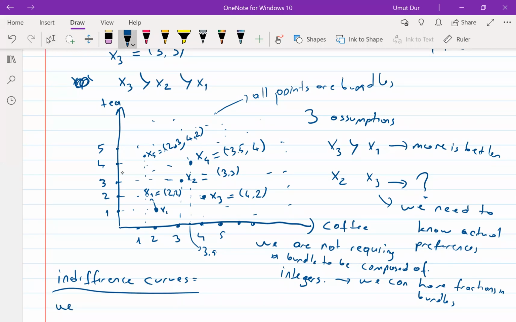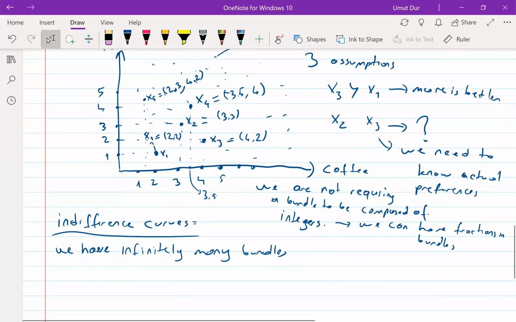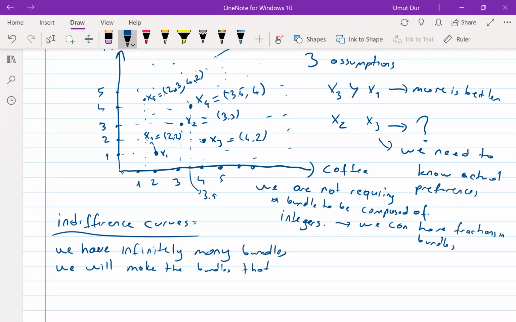We have infinitely many bundles. Then we will make a set with the bundles that we are indifferent with.